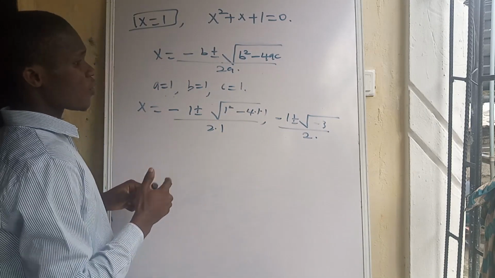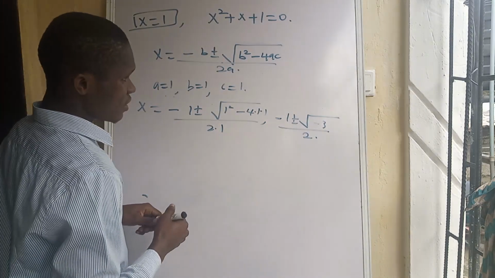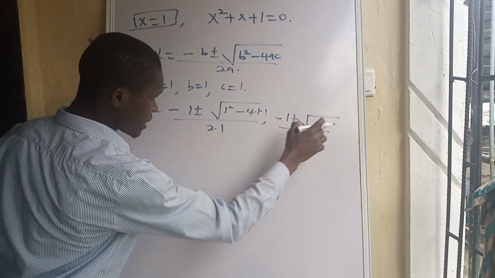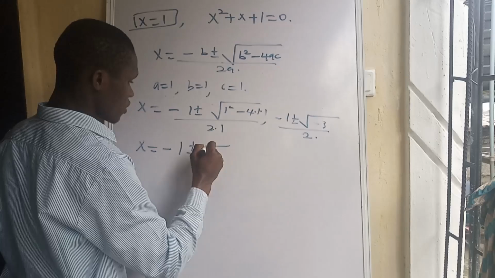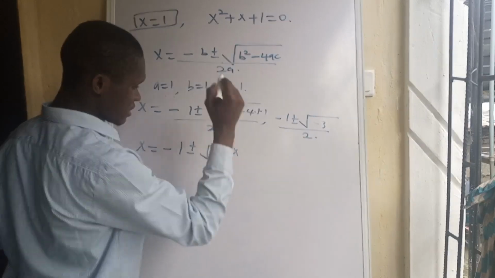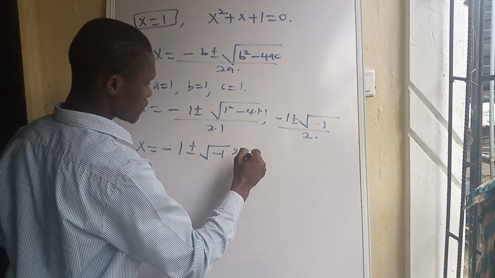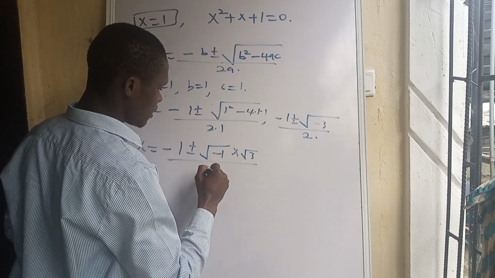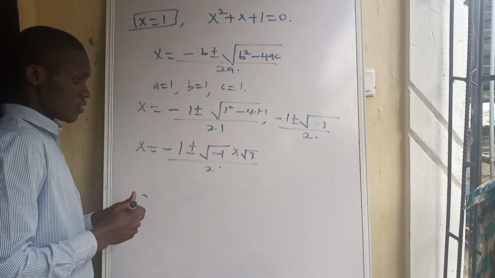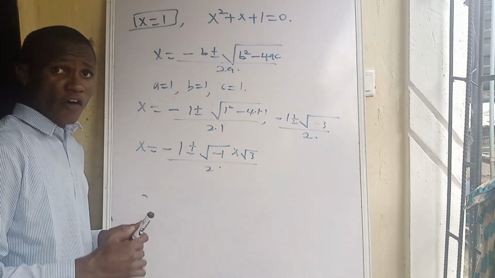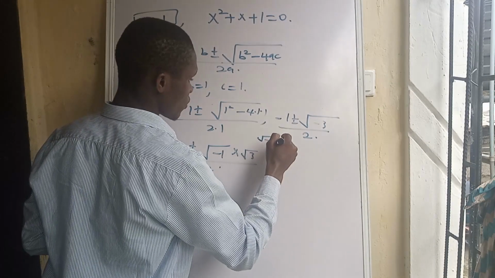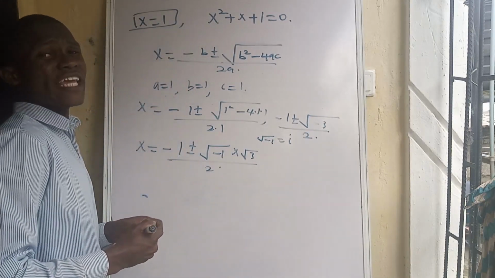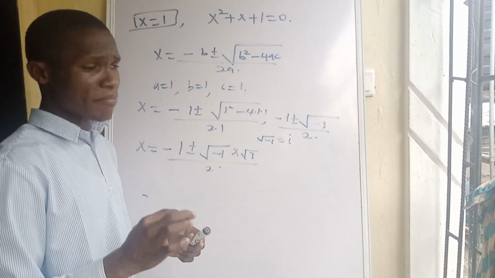Now we can break this down: x is equal to minus 1 plus or minus the root of minus 1 times the root of 3, all over 2. Remember from complex numbers that the root of minus 1 is i, the imaginary number.